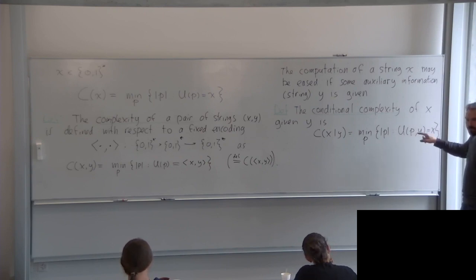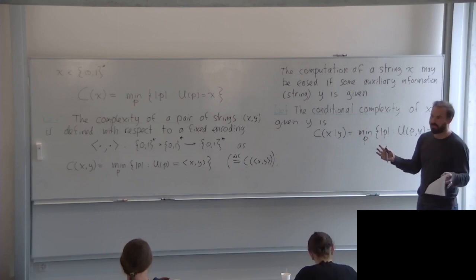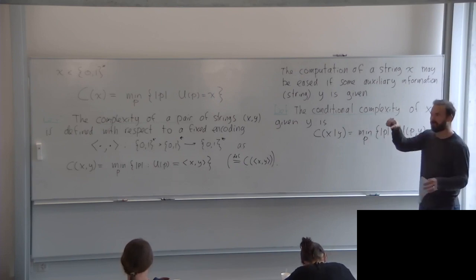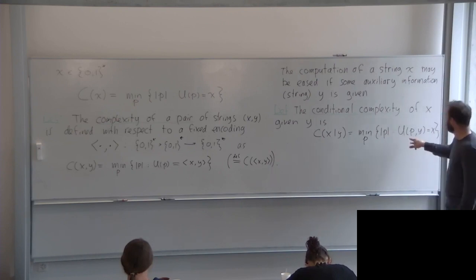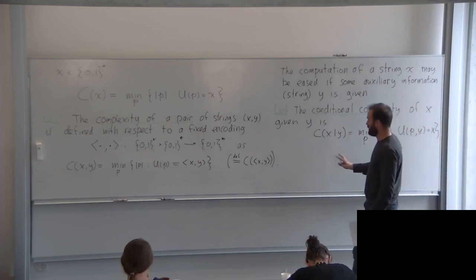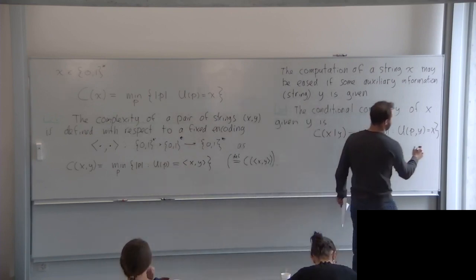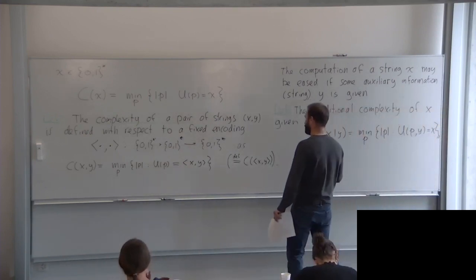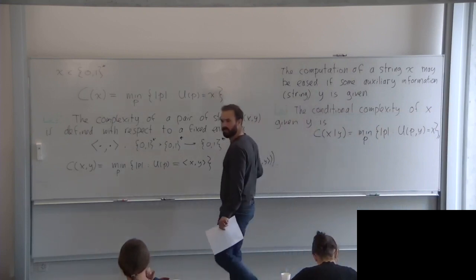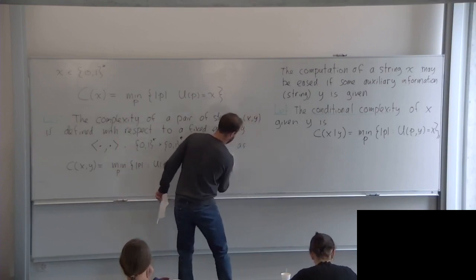We used to have only 1 entry, but we were always seeing that p as a concatenation of 2 pieces of information, namely i and x: Turing machine i on input x. This was our understanding of p. But now it has hard-coded another entry, which is y. So I'll need to clarify this. Can I erase this piece here? Thanks.